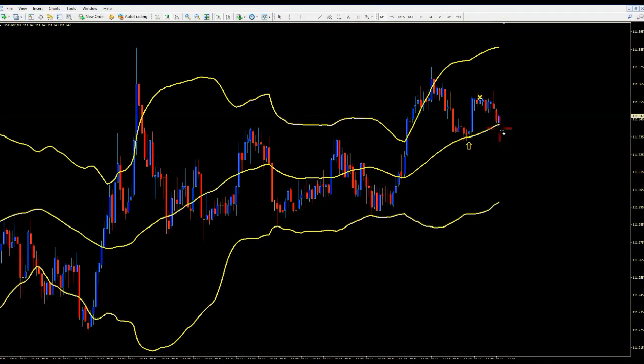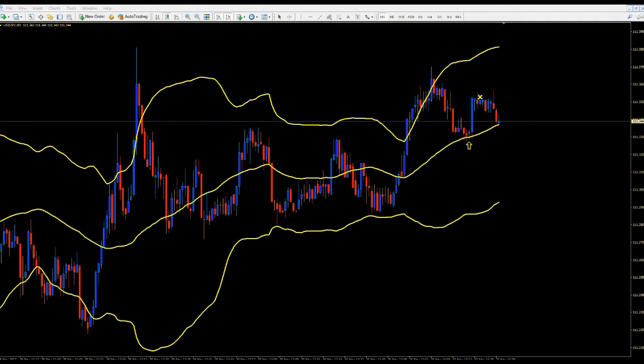Okay guys, we're back, and as you can see, it looks like the bulls are weaker now. If you look at where our call option ended before the cross, you can see that this high was not higher than the previous high. It didn't manage to climb, so it looks like the bulls are getting weaker. It might happen that price breaks down the middle Bollinger Band.